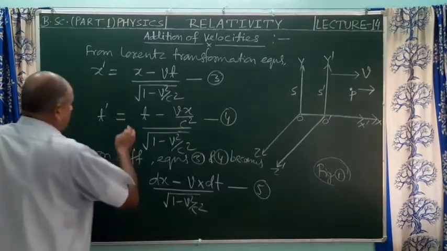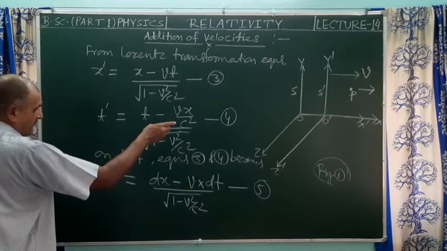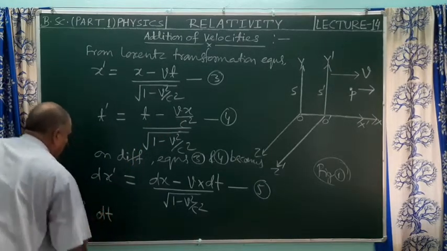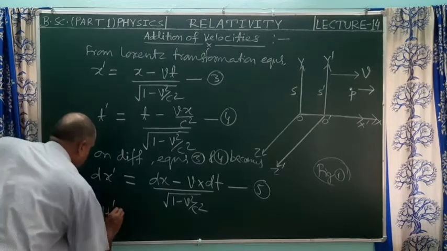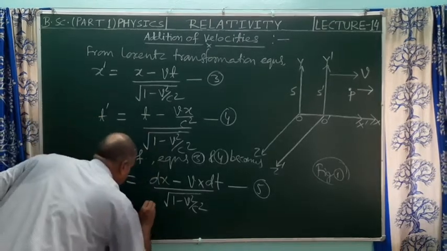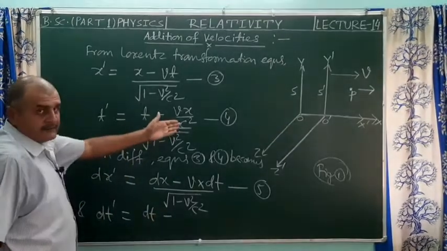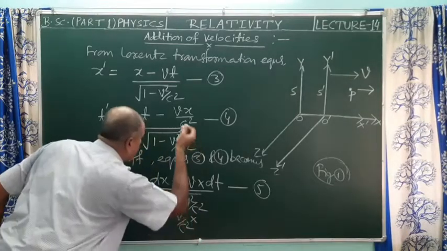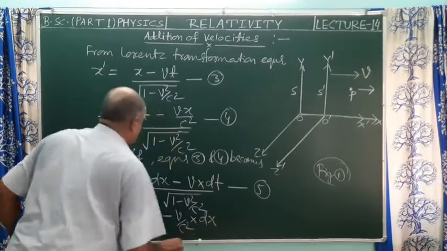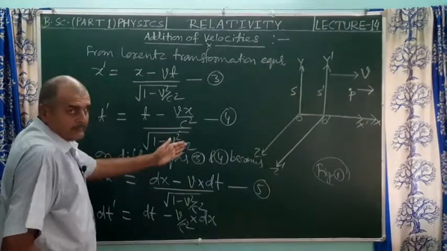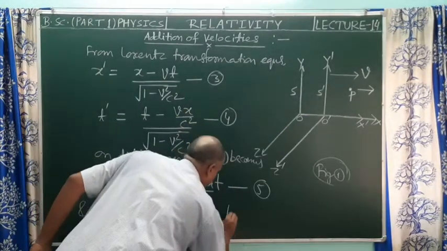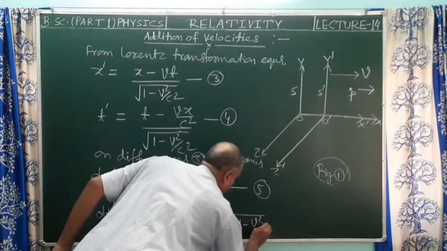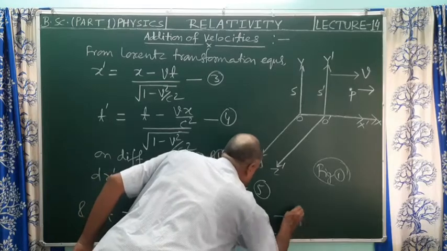On differentiation, t dash becomes dt dash, t becomes dt, V by C square is constant, C being the speed of light in vacuum, and x differentiates to dx, all divided by root under 1 minus V square upon C square. This is equation number 6.